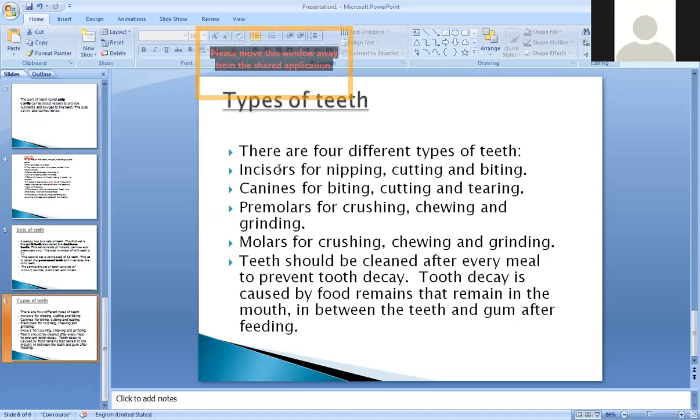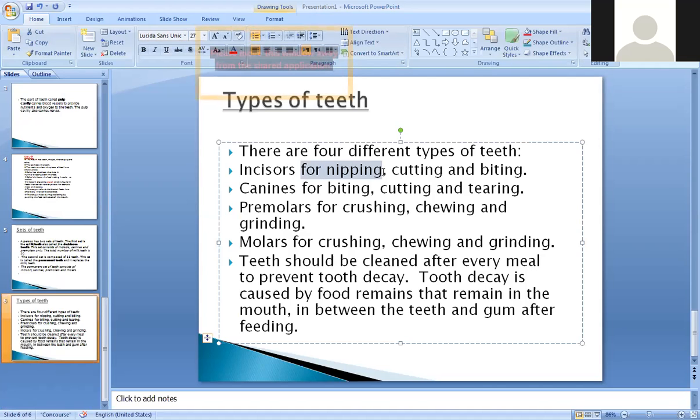Types of teeth, we have 4 different types of teeth. We have the incisors, and the incisors are used for nipping. They are also used for cutting and biting. So if somebody asks you the function of incisors, it should be at your fingertips: biting, cutting, and nipping.